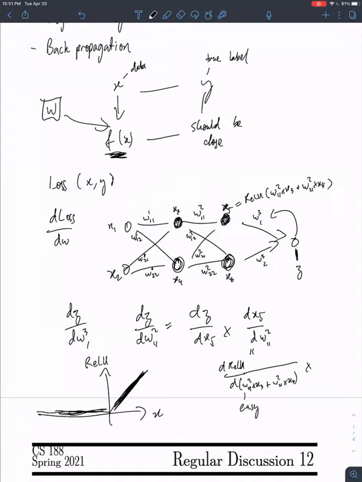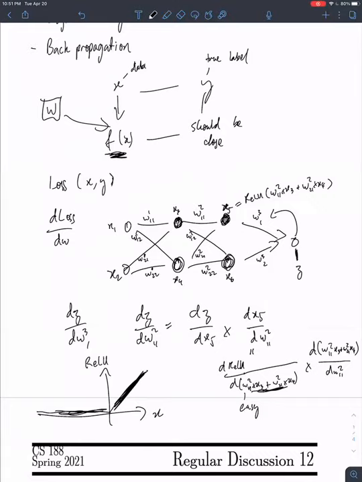Times the derivative of this whole expression, w112 x3 plus w212 x4, with respect to w112. You can see that I've kind of used the chain rule.